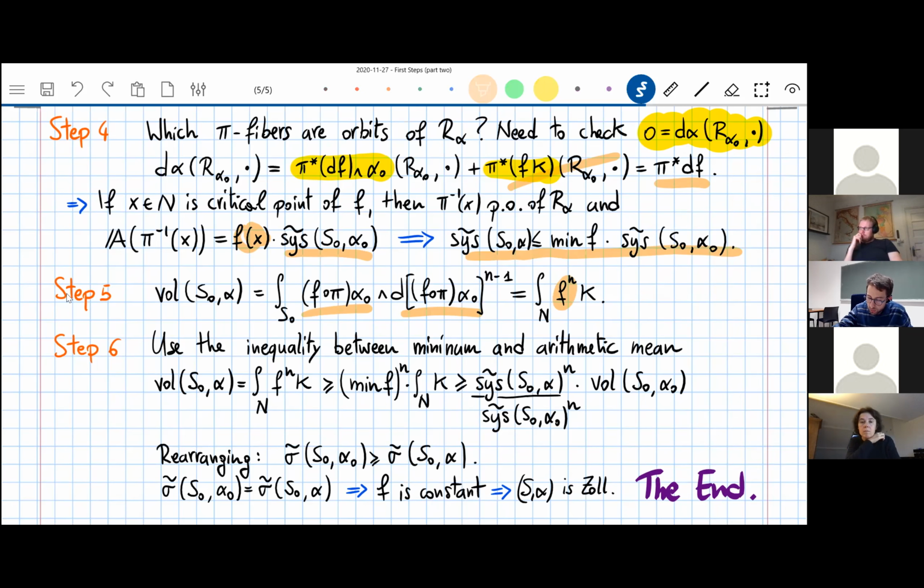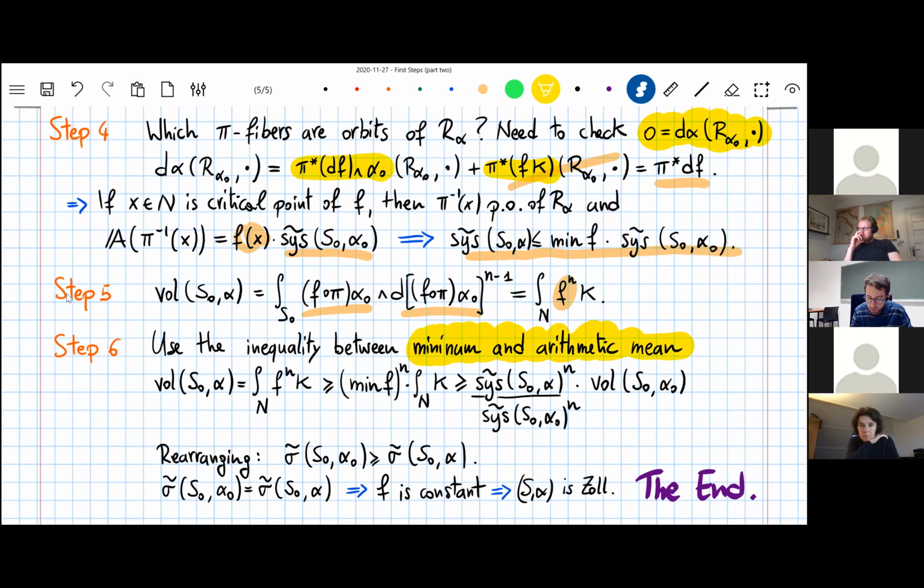Because now, instead of the arithmetic quadratic mean, you use the inequality between minimum and arithmetic mean. So your volume is given here by this integral of f to the n, and now you just say that this is bigger or equal than the minimum of f to the n power.